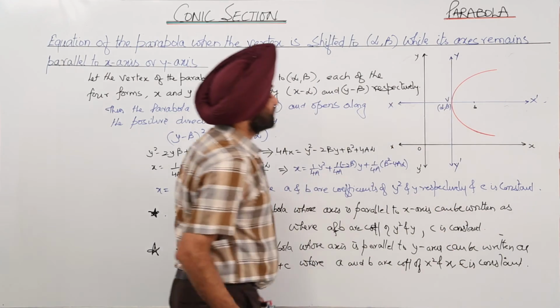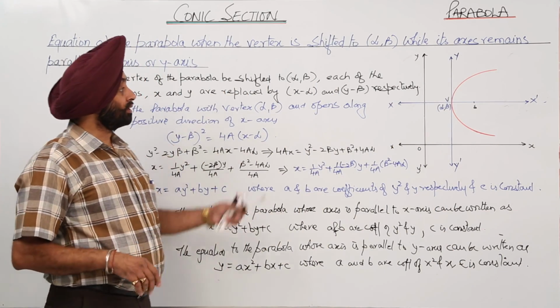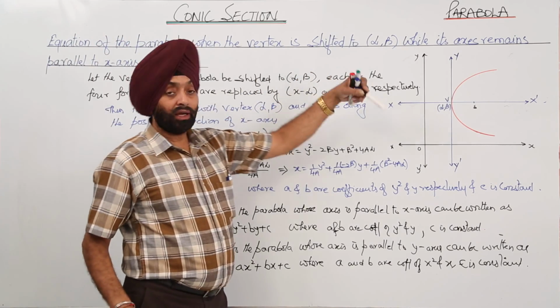So these are the equations of a parabola when the vertex is shifted to alpha and beta.